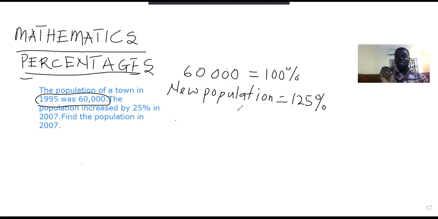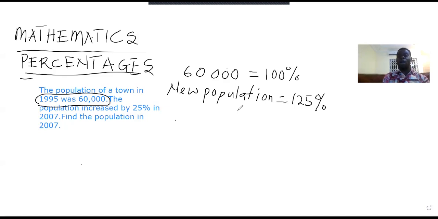Now, this is percentage increase, so the new population will be more than the old population. So the population in 2007 will be more than the population in 1995.